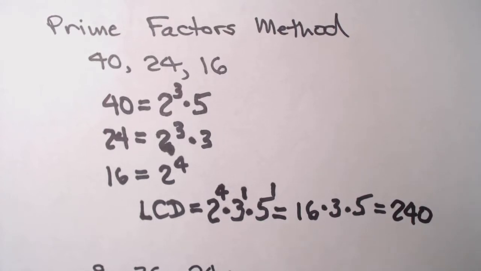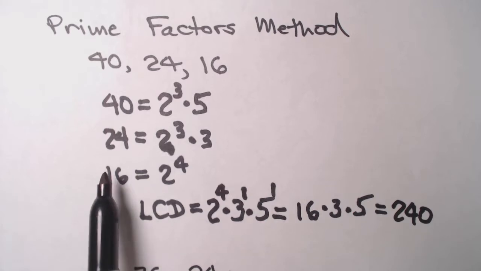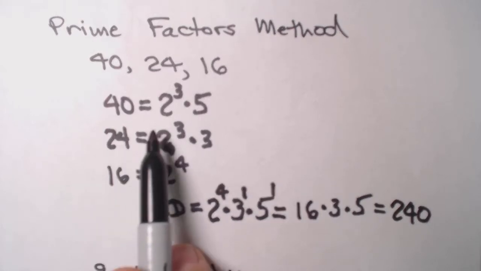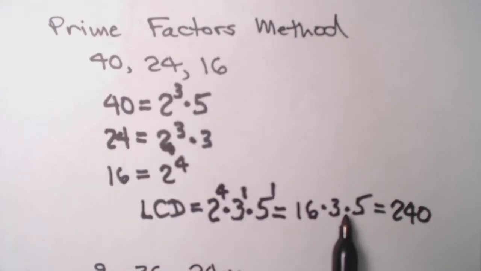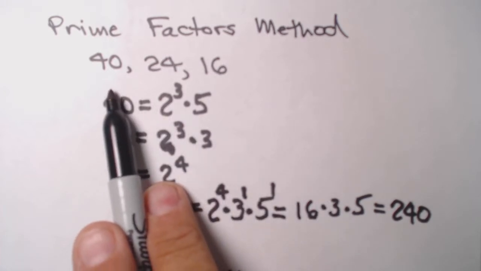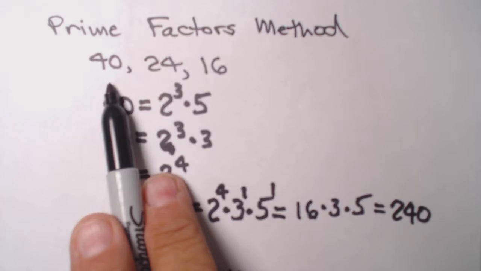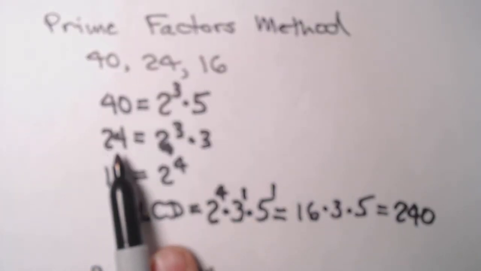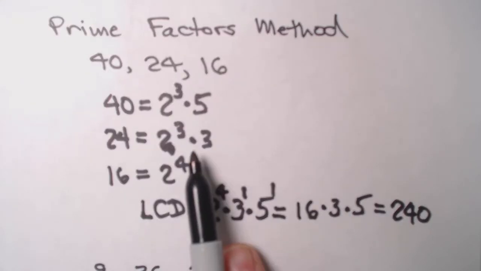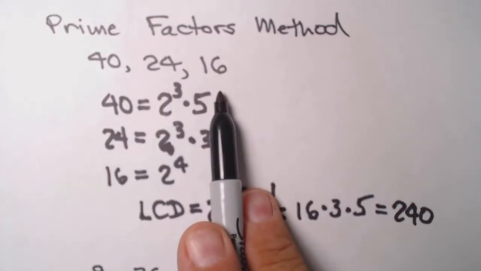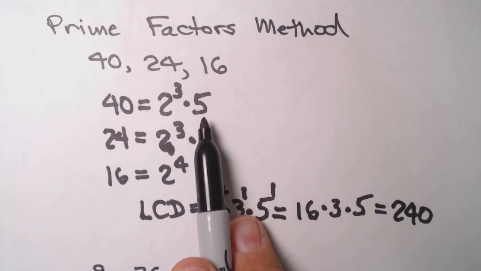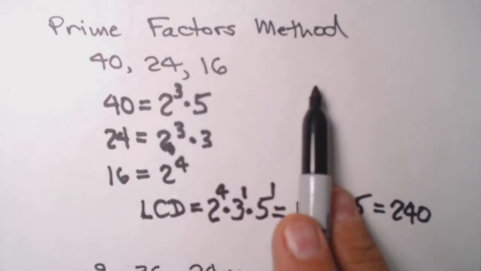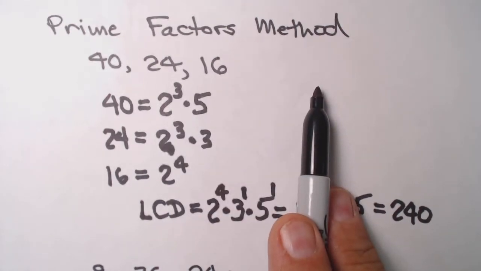Okay, there is the LCD, 240, for all of those original numbers, 40, 24, and 16. We use the prime factors method. Now, 3 like this would be tough to do with multiples. That's where the prime factors method starts to shine.